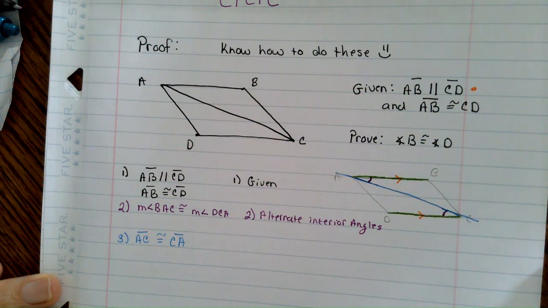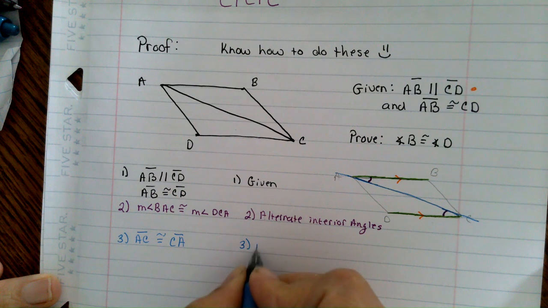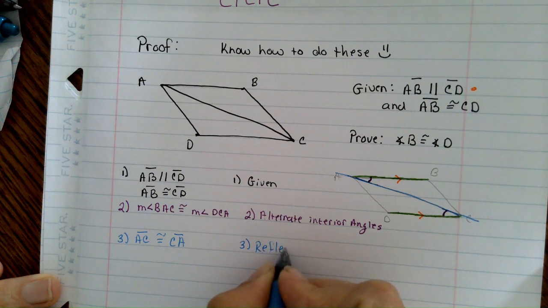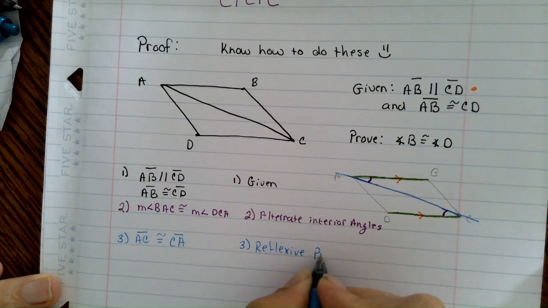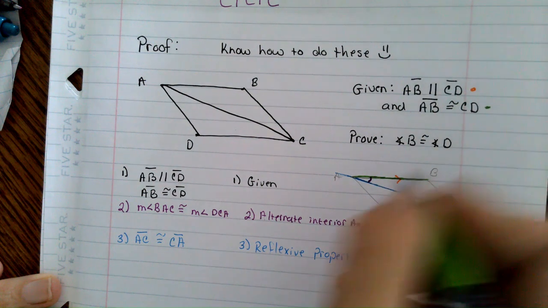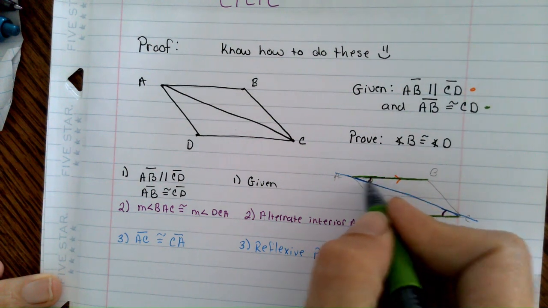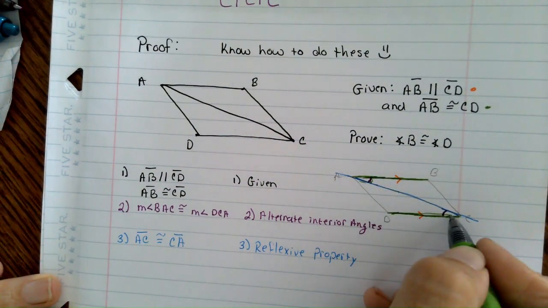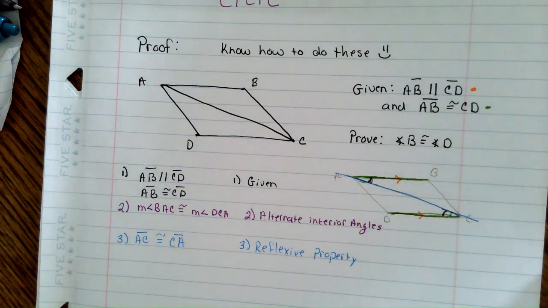And see how I wrote them backwards? That's the reflexive property. Okay, so I marked this in green. So I have green, purple, blue, green, purple, blue. I have side, angle, side because I have to go green, purple, blue.